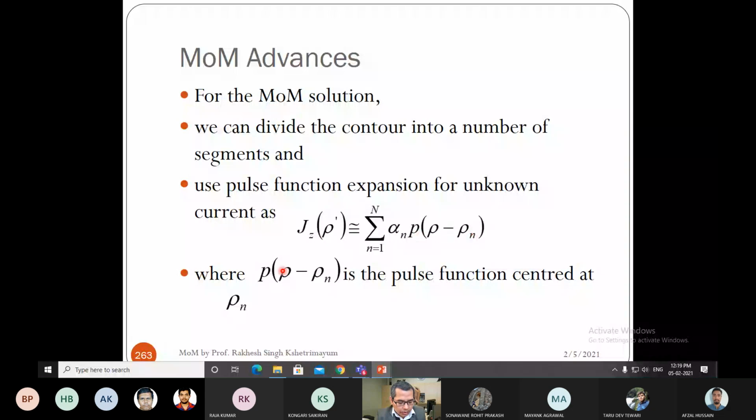See, this p(rho minus rho n) is a pulse function centered at rho n. So you consider a circle with small subsections, and assume that there is a pulse function in every subsection. That's what we are doing. We want to find the unknown current density. The unknown current density can be expressed like this.